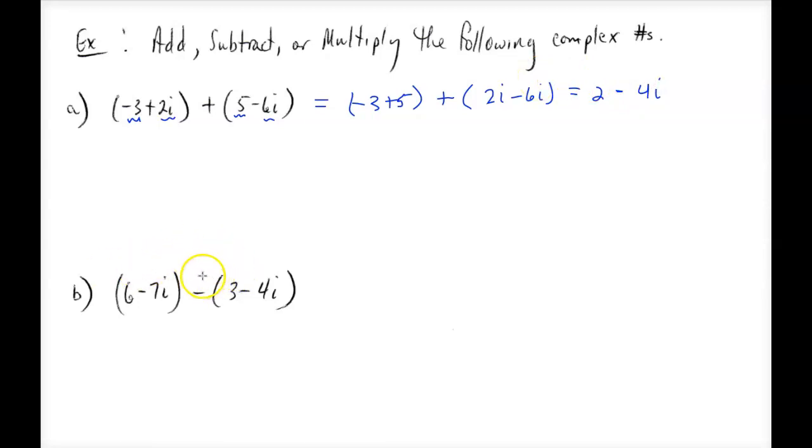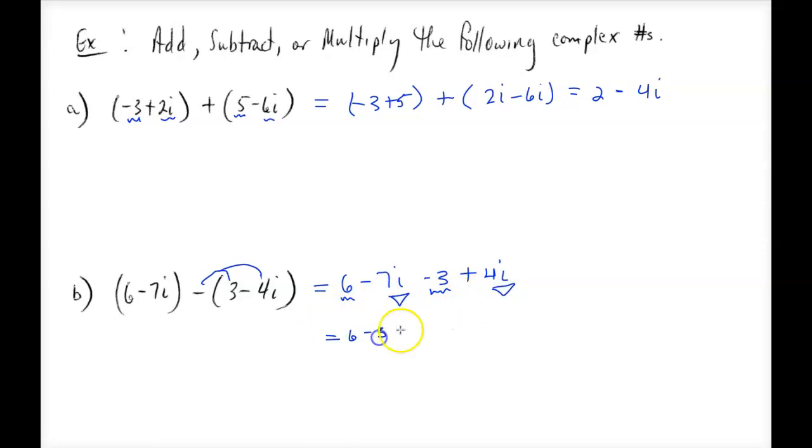For the second example, notice that we have to distribute the understood -1 first. And so when I write this, I'm just going to drop the parentheses on all of these, to make this a bit more simple to follow. So from here, we have apples and apples, oranges and oranges.